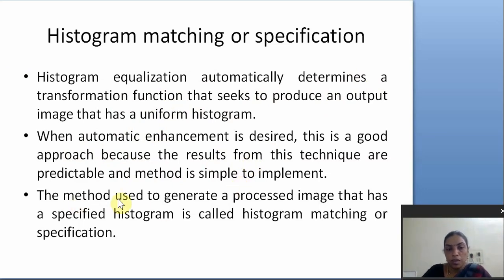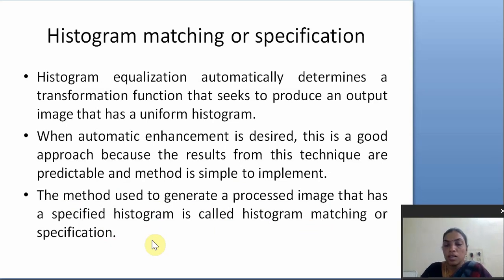Now the method used to generate a processed image that has a specified histogram is called histogram matching or specification. That means for the specified histogram, the user, according to the user's intention and the application, just specifies a histogram, and according to that specified histogram, we generate the enhanced image.